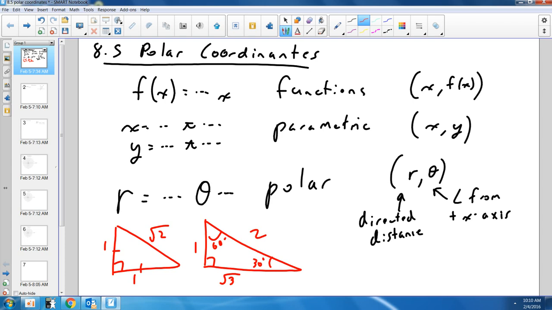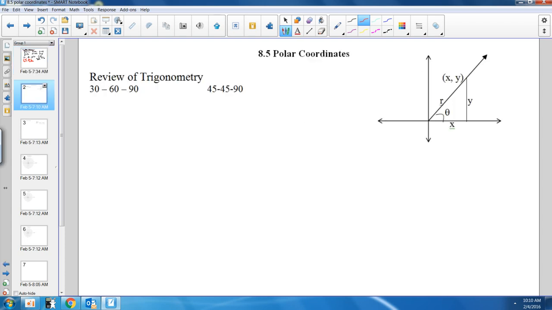And so with that in mind, you're going to see that you have the same diagram that we've had in the past. You're going to notice that you have an x, you have a y, you have a triangle there, and this right here is your r, which is your directed distance.